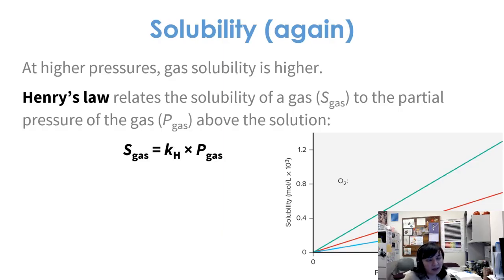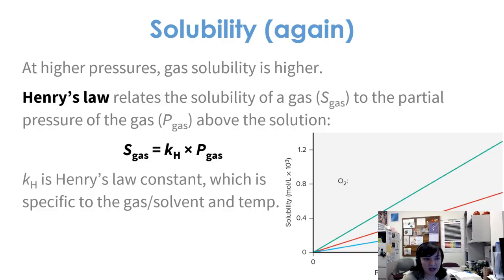Now the other variable in this, Kh, is referred to as the Henry's law constant. It is not a universal constant. It's meant for specific gas-solvent combinations and at specific temperatures too. So this is a constant that you may find in a reference book or in your text. For the three different gases shown on the graph here, we can see three different Henry's law constants associated with them.